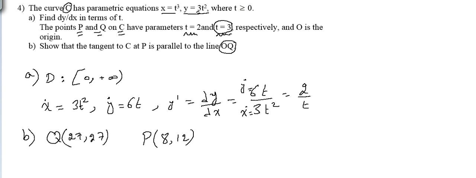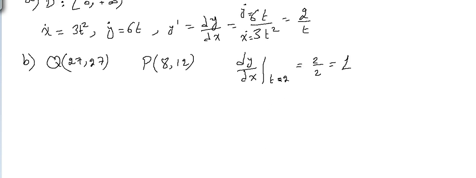This is P (8, 12). What is the slope of the tangent to C at P? dy over dx is equal to 2 over t. But at P we have t equal 2. So we substitute 2 instead of t, and the slope will be equal to 1.